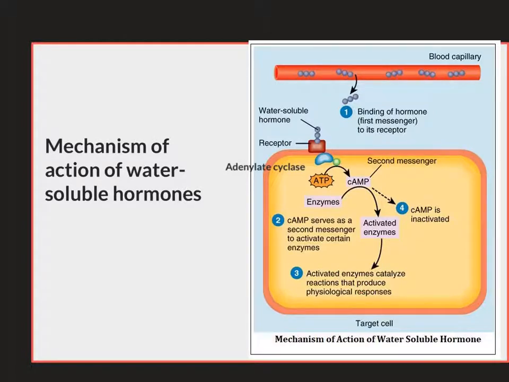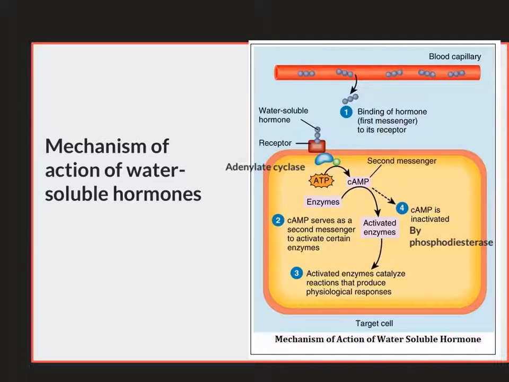This is only allowed to occur briefly, and then cyclic AMP is inactivated by an enzyme called phosphodiesterase. Therefore, the cell's responses will be limited unless there are more hormone molecules to continue this response. If more hormone molecules are being released by the blood capillaries and binding to the receptors, then this response can continue.